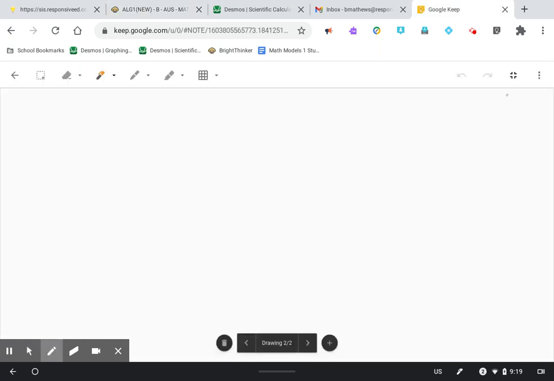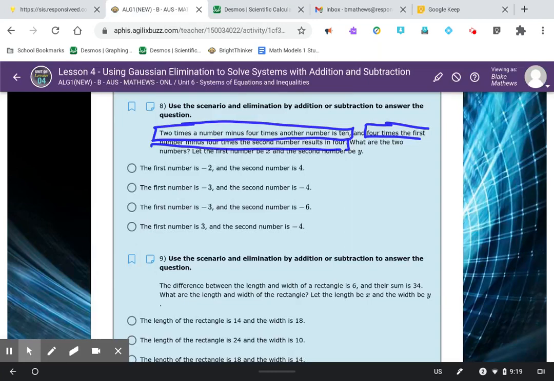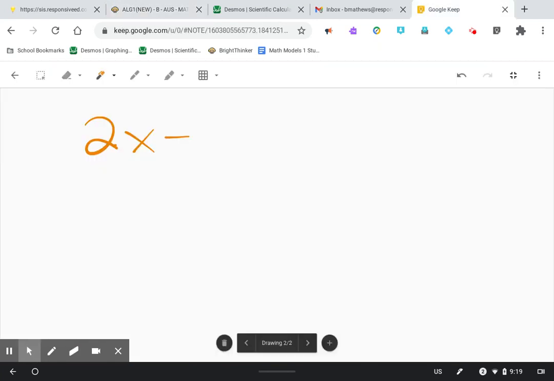2 times a number. That's not what I want to do. Here we go. 2 times a number, 2 times x, minus 4 times another number is 10. So you see how I translated that.